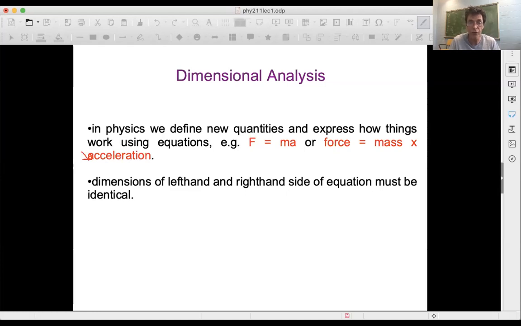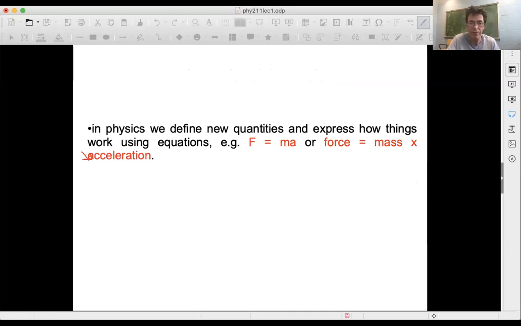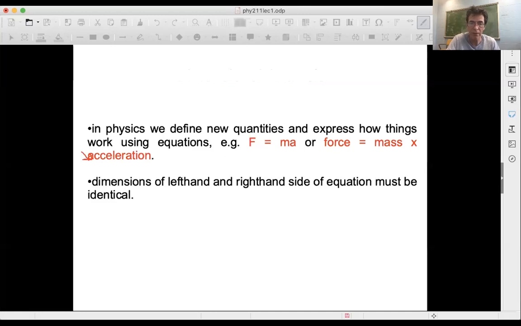In a physics equation you have to have the dimensions equal on the left and right. This is an absolute rule. There is no exception to this. You can't have different dimensions on the left-hand side and the right-hand side of an equation.